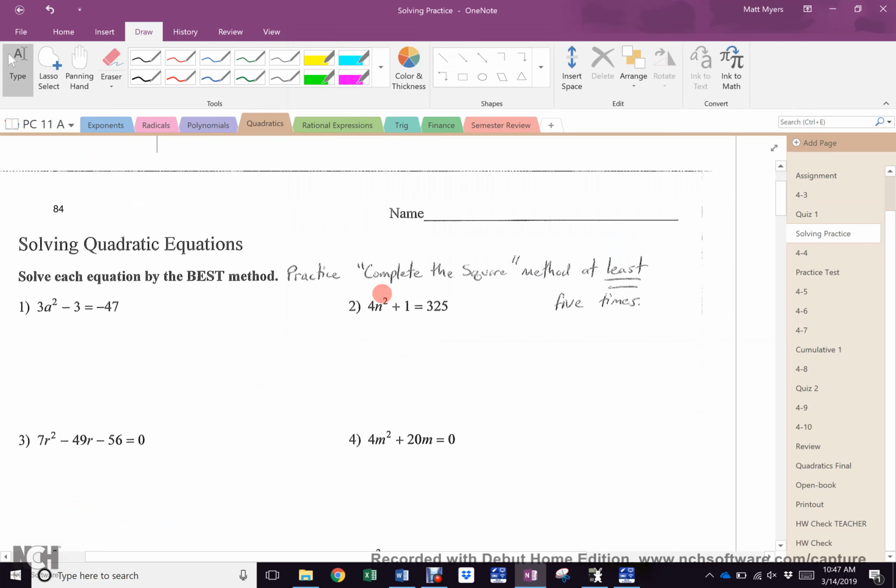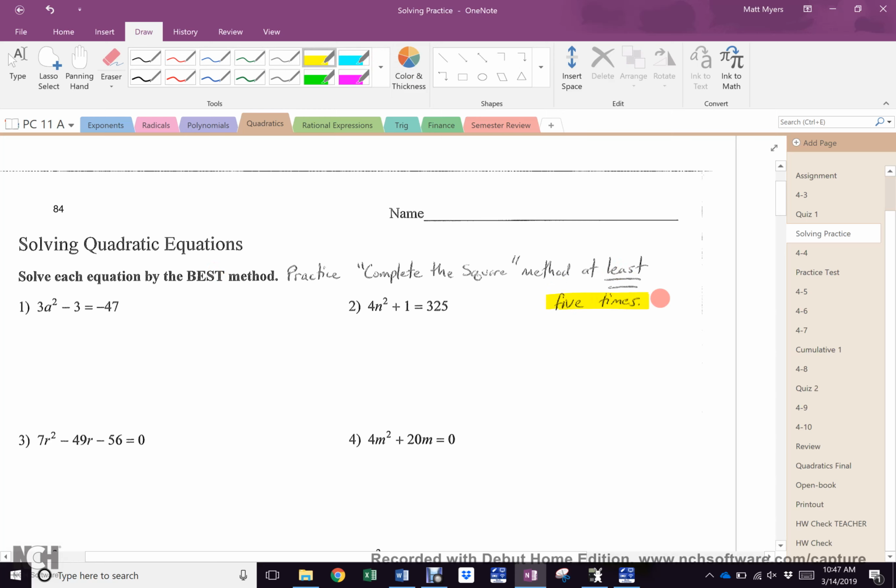In case I forget to do this tomorrow, you're going to solve all these by the best method, your choice, right? But I want you to make sure you do complete the square at least 5 times. Okay?